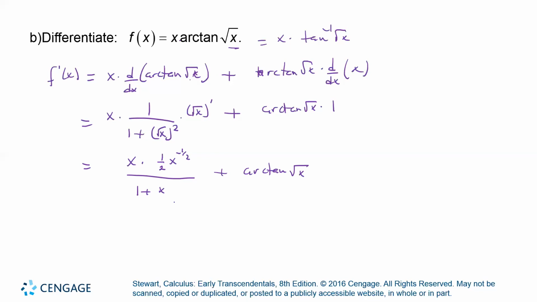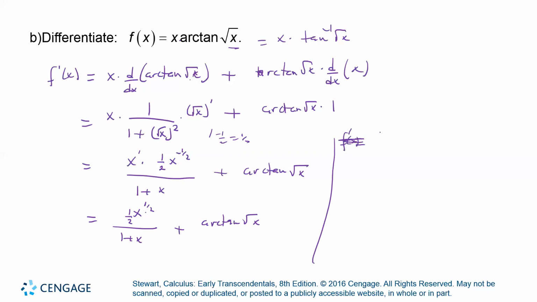Basically the numerator becomes x times that, so we have 1 minus 1/2, which is 1/2. So the numerator is this times 1/2, over 1 plus x, then plus the arc tangent of the square root of x. So that's my f prime of x.